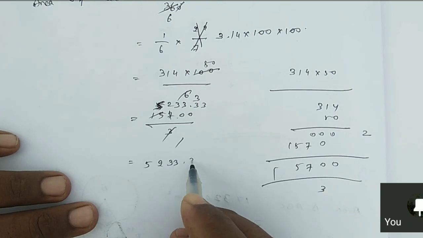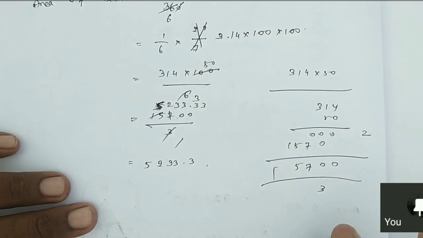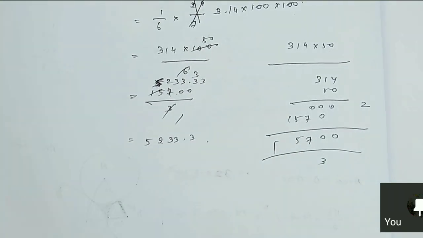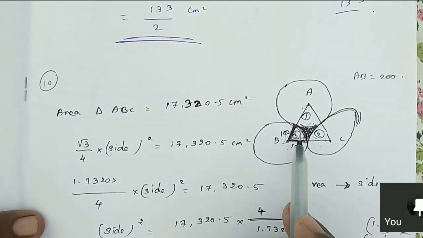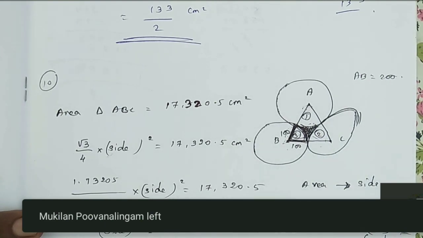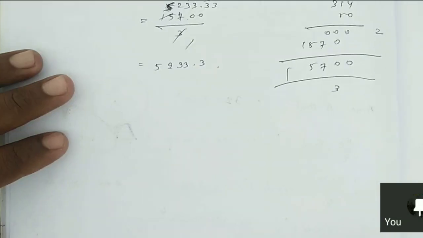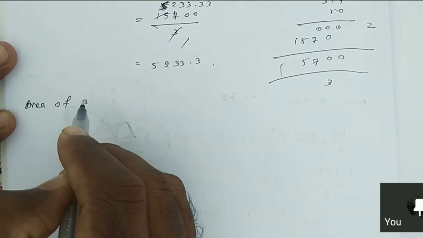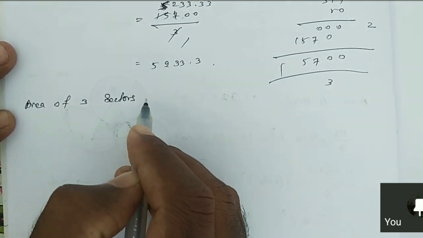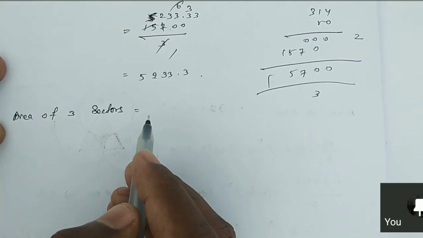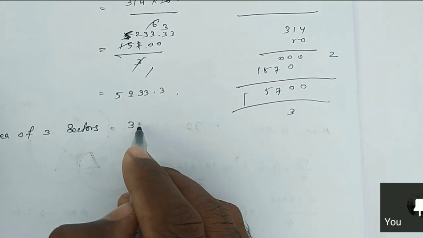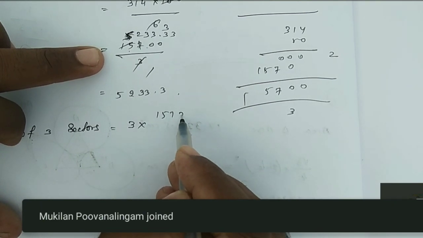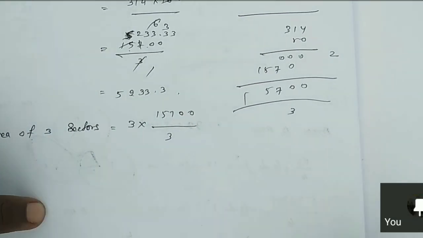5233.3. Clear? Now here we have 3 areas like this, right? We found out only this 1 area. So here there are 3 areas. So what are we supposed to do? We should multiply. Area of 3 sectors equals 3 into, better we keep the same fraction, 15,700 divided by 3, right?